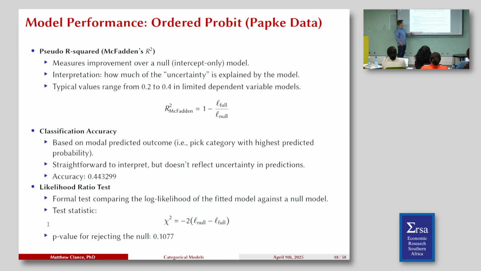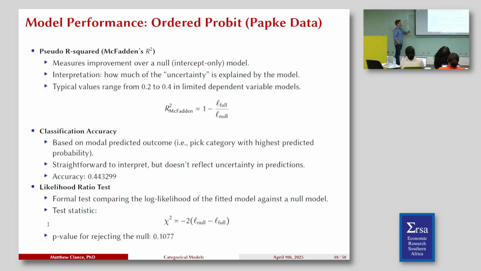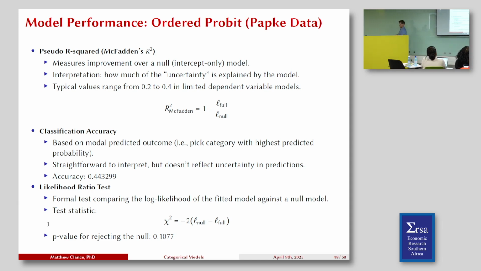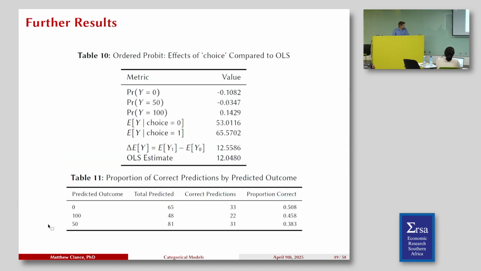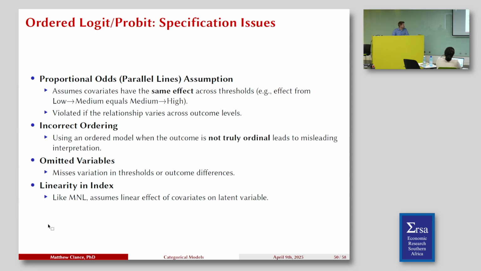And then I also have a way of looking at the test statistic for what we call the likelihood ratio test. These are all ways of looking at how my model performed, and they're very similar across all these different models.